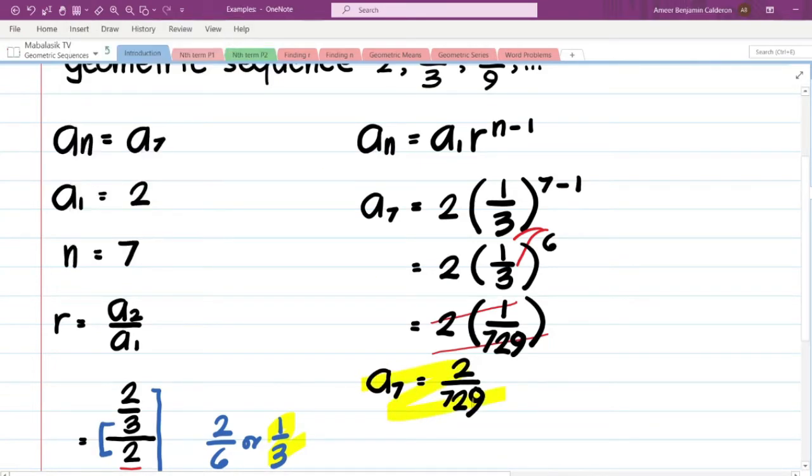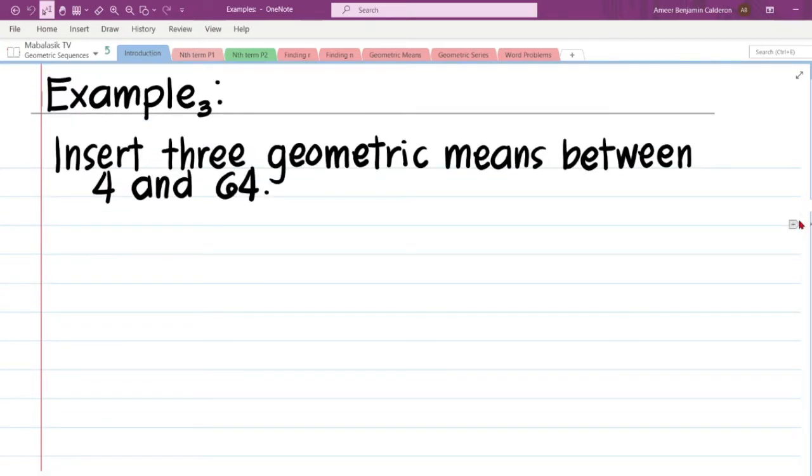Let us now go to our third example, where we have to insert 3 geometric means between 4 and 64. If you are going to remember our arithmetic means, there were different methods that we used to find arithmetic means.